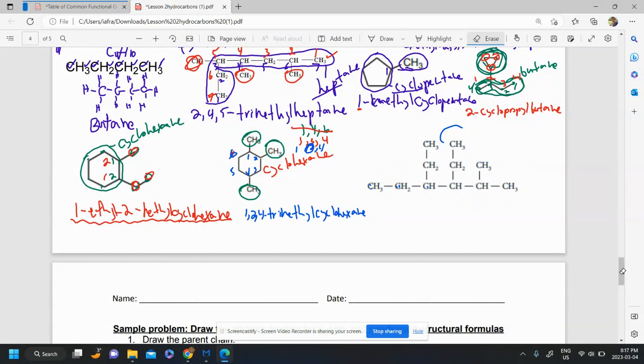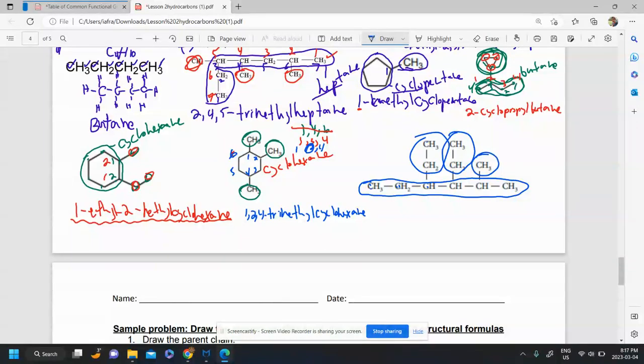But if I went with this one over here, then I'd have 1, 2, 3 substituents. So that's the better option, the one with the more substituents. You don't have a lot like that, but when you do, just make sure you choose the one with the most substituents. And so we have a hexane.